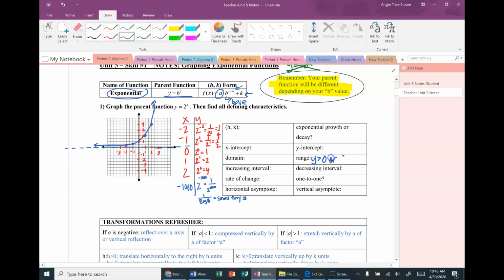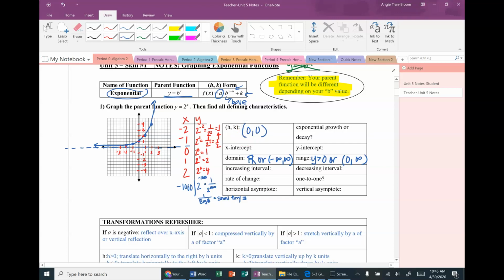In interval notation, that's 0, non-inclusive, all the way to infinity. Now, the x, which is your domain, is all real numbers, or you can write from negative to positive infinity. The h and the k value: this is the parent function, so we don't have any translation left, right, or up and down.